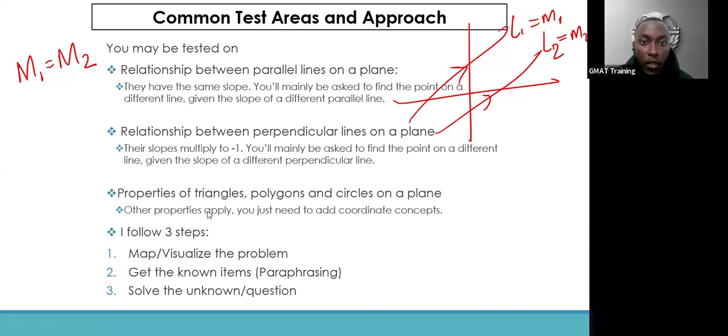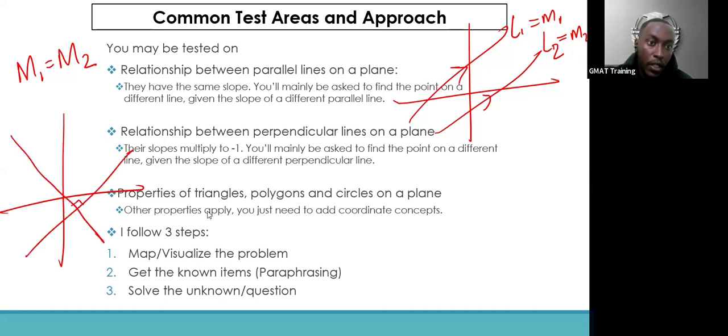And for perpendicular lines, you can have such lines. Perpendicular lines form 90 degrees when they intersect. So you can have line 1, which has gradient M1, and line 2, which has gradient M2.